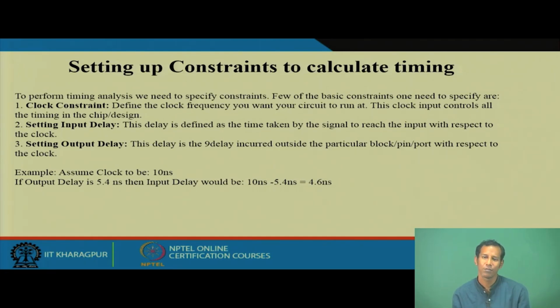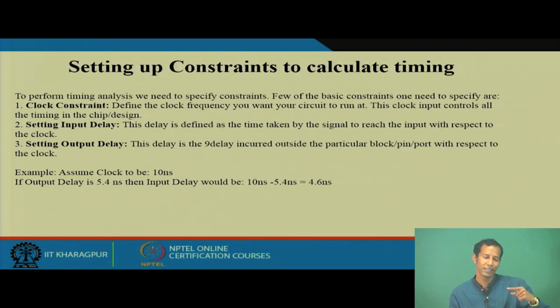So, what are input delay and output delay? If you consider a digital chip, you must be having the IO pads, which are placed a little bit far from your core.